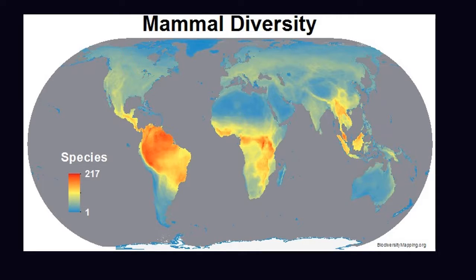If we look at modern mammalian diversity, where are the hotbeds of diversity? Like most diversity maps, we see along the equator, in the tropical jungles, that's where we have the most diversity by numbers. But of course, there are mammals all over the planet. Mammals are found on every continent except Antarctica.